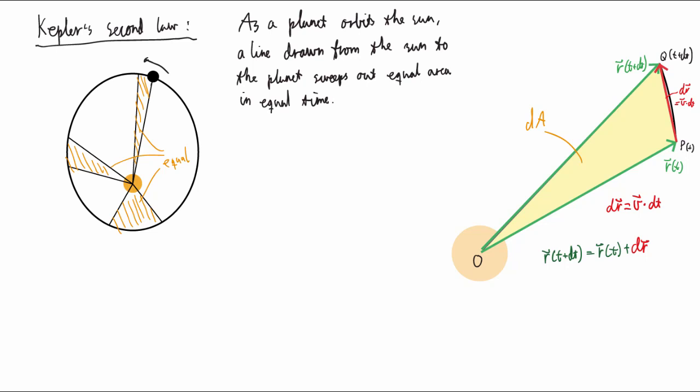Now the area that we're interested in is the area of this little triangular segment. It has area dA. It's what's swept out by the position vector during time dt.